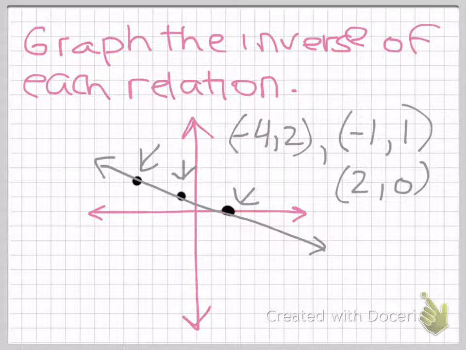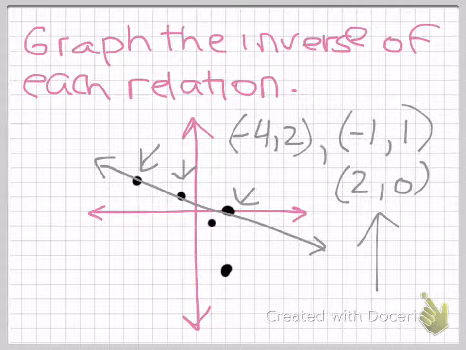And if I wanted to find the inverse of this relation and graph it, I would just need to graph these 3 ordered pairs instead. So my points would be at (2, -4), (1, -1), and (0, 2).